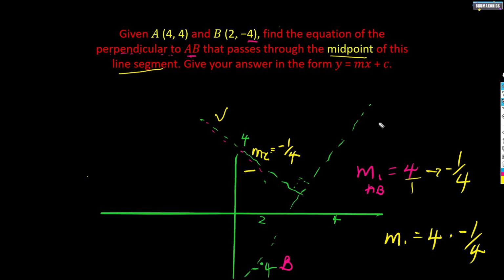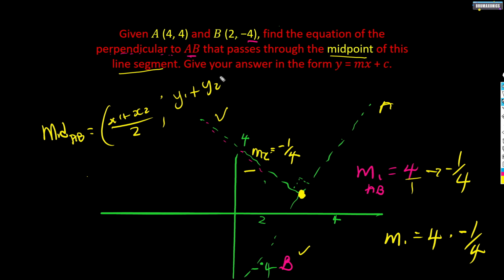Between A and B, we have the midpoint. So we say midpoint of A and B is equals to, you can check on your formula sheet, X1 plus X2 all over 2, and then for Y, Y1 plus Y2 all over 2, right?